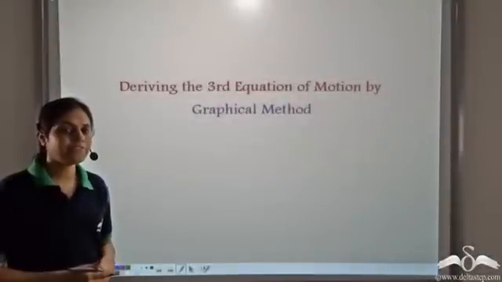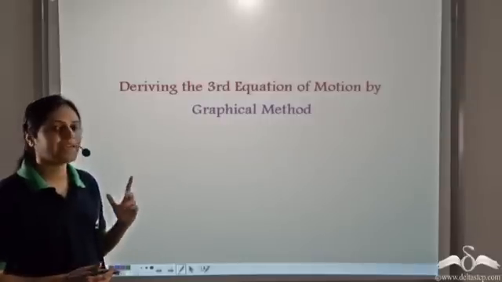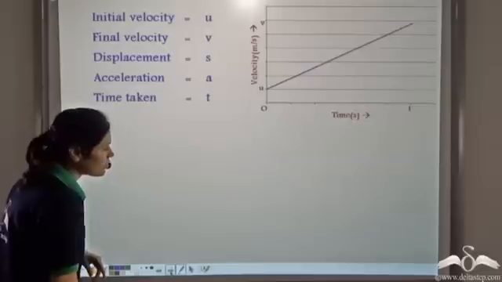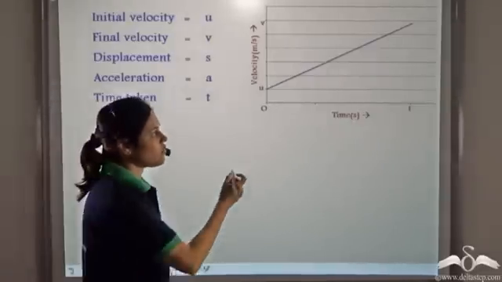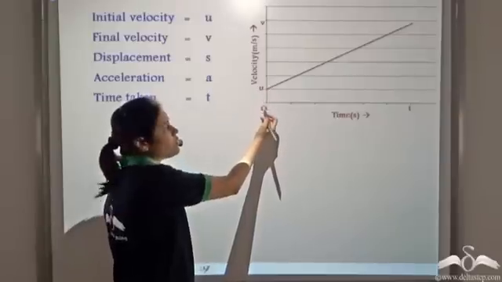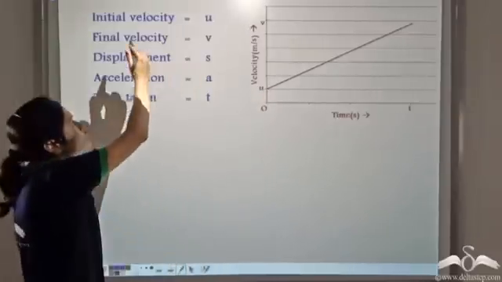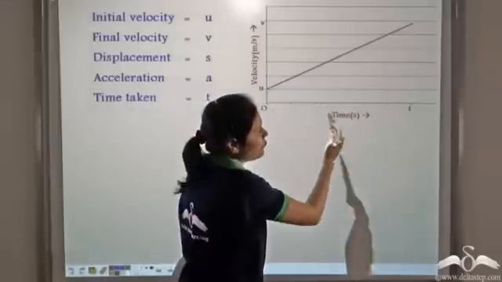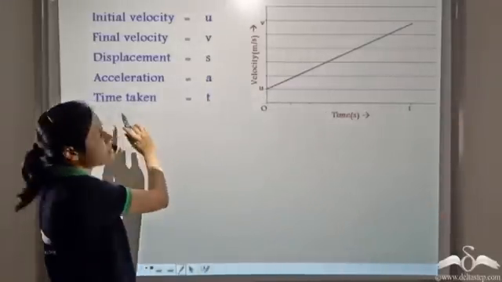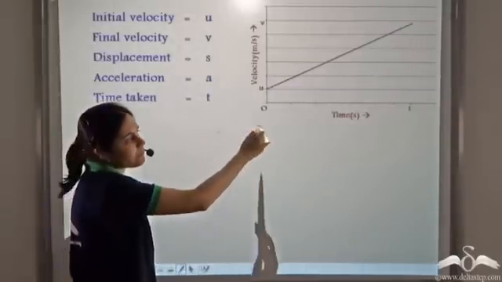So let us now derive the third equation of motion by graphical method. This is a velocity time graph. Velocity at time t equal to 0 is u. So the initial velocity is u. Total time taken is t.